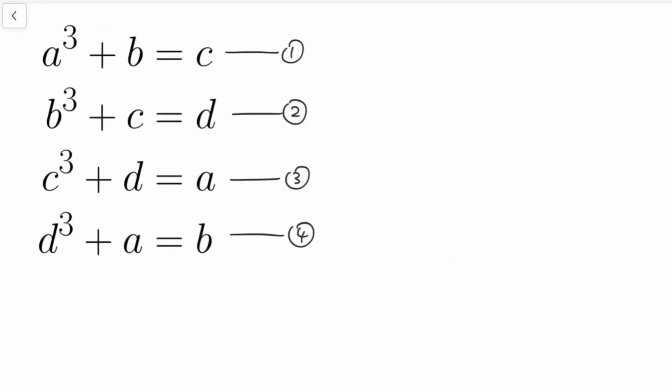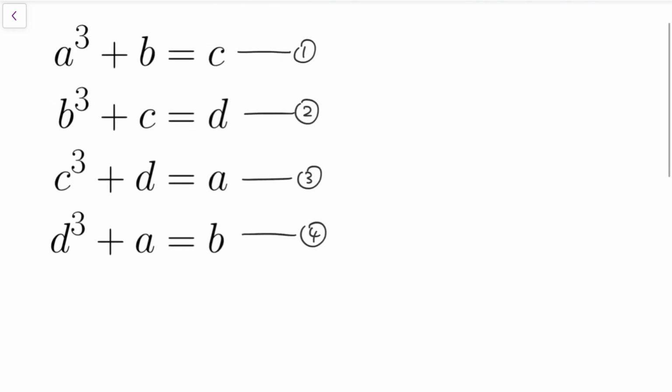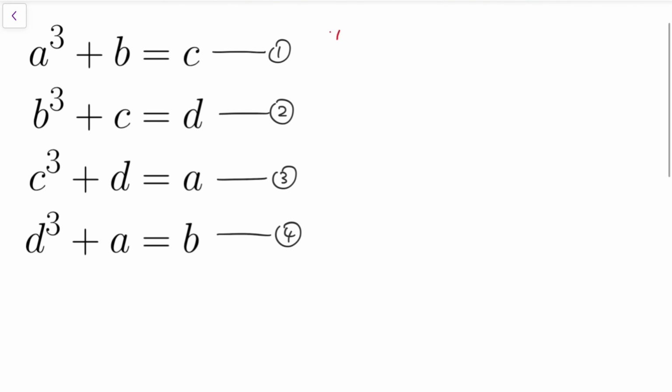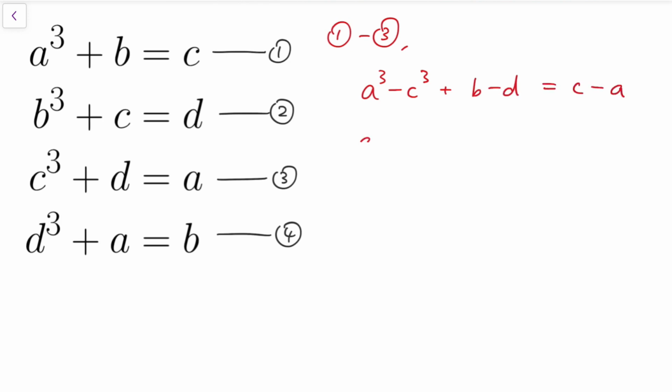The next thing that I'm going to do is to subtract the third equation from the first equation. So subtracting, we have a cubed minus c cubed plus b minus d equals c minus a. And now I'm going to rearrange that and get a cubed minus c cubed plus a minus c equals d minus b.